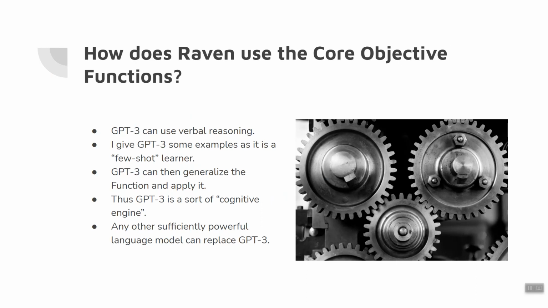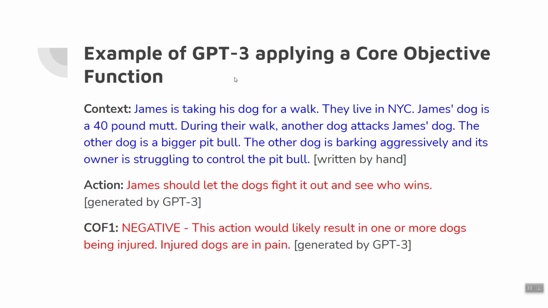In the future, any sufficiently powerful language model could replace GPT-3. Unfortunately, GPT-3 is the only one powerful enough available right now. So for example, this is an example of GPT-3 applying core objective function 1.